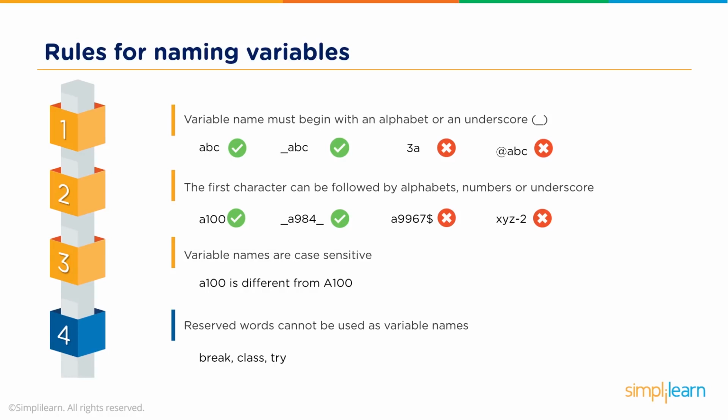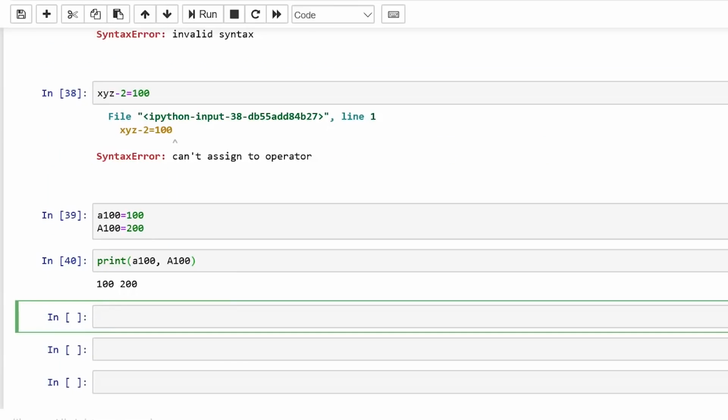Now if you have gone through any other languages like C, C++, Java, you know this is a common rule among all of them. You cannot use words which have special meaning to the language as variable names. So some of these words are break, class, try. You have other words such as continue, while, which is a loop, or if, which is a conditional statement. So let's go back to our notebook and see how assigning values to these reserved words can result in errors.